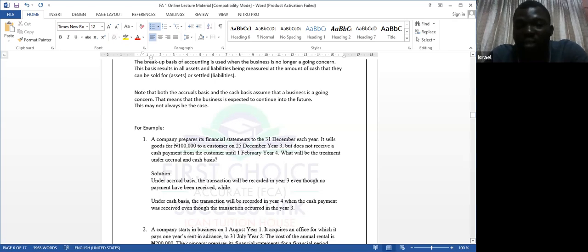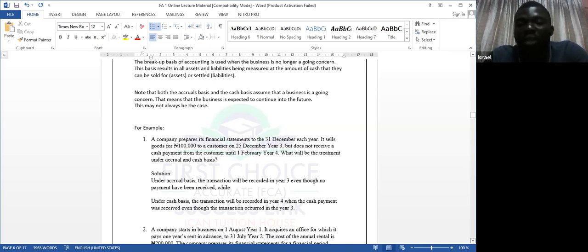So our financial report spans January to December according to this question. Now, in year 3, on the 25th of December, they make sales of 100,000 on credit. If that's on credit, it means there's no evidence of cash. And the customer now pays on the 1st of February, year 4.